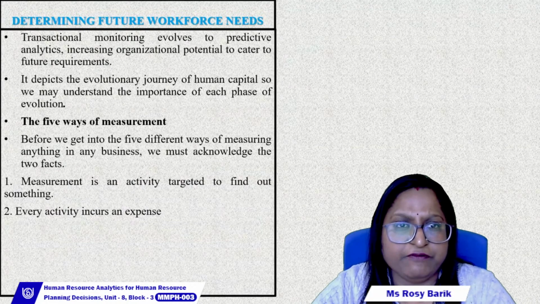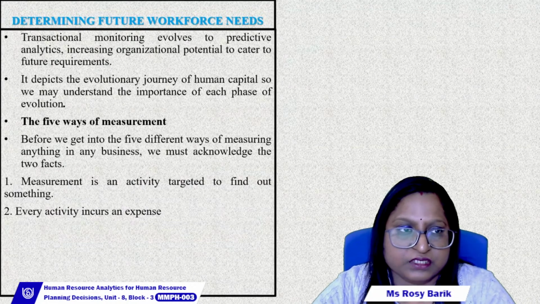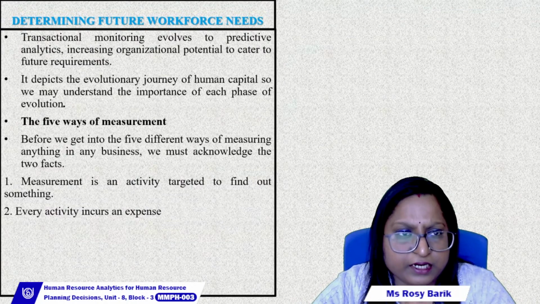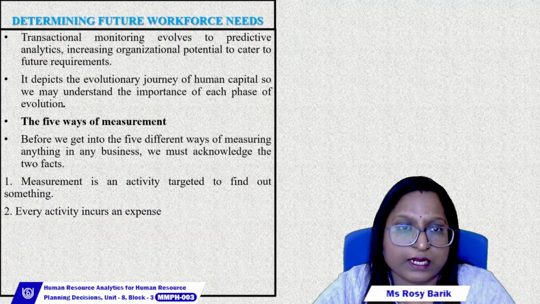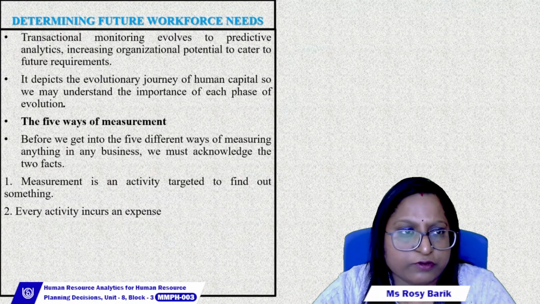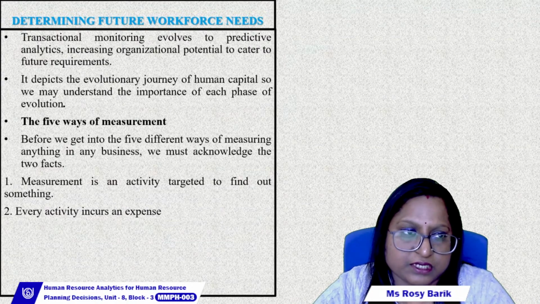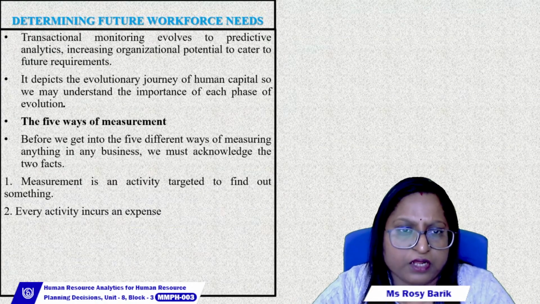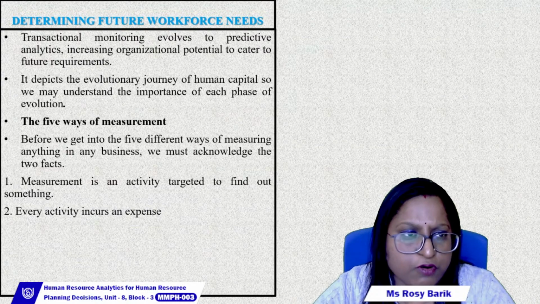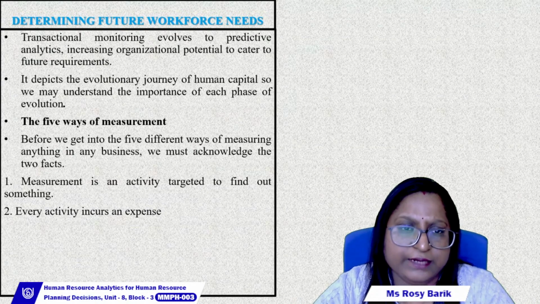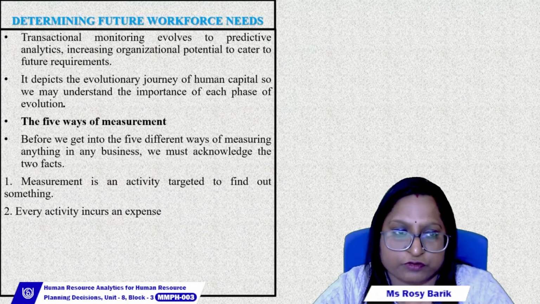So, determine the future workforce need. Transactional monitoring evolves to predictive analytics, increasing the organizational potential to cater to future requirements. It visits the evolutionary journey of human capital so we may understand the importance of each phase of evolution.